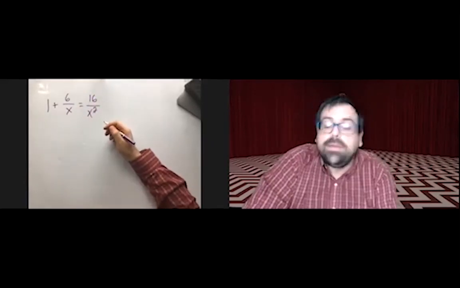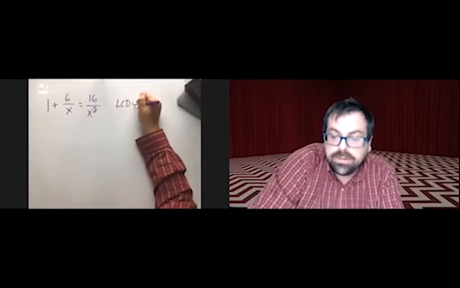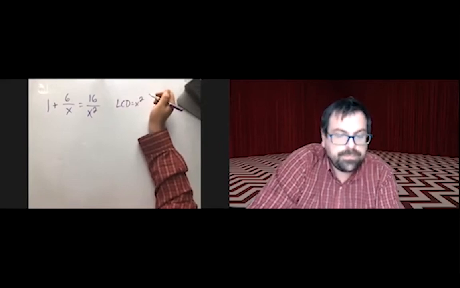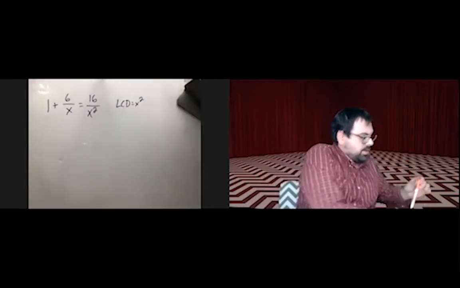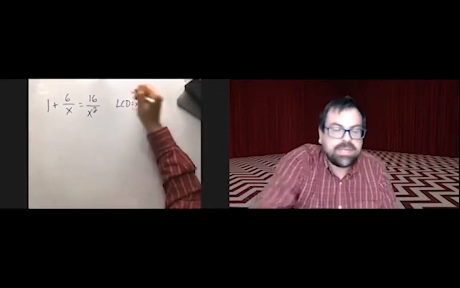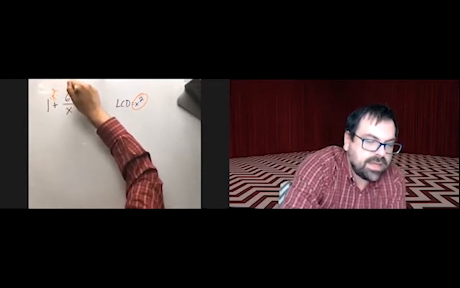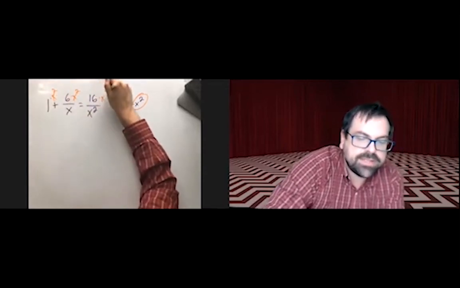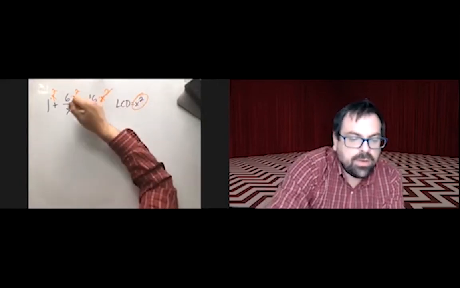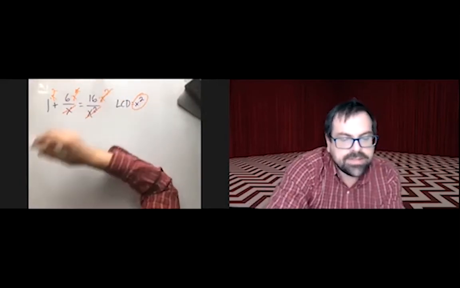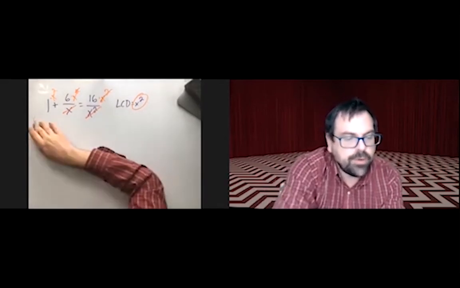Again, the LCD is x squared. We are going to take that LCD and multiply it everywhere. Times x squared, times x squared, times x squared. The x squareds cancel there. One of the x's cancels with the x on the bottom here. Nothing cancels there because there's no fraction.